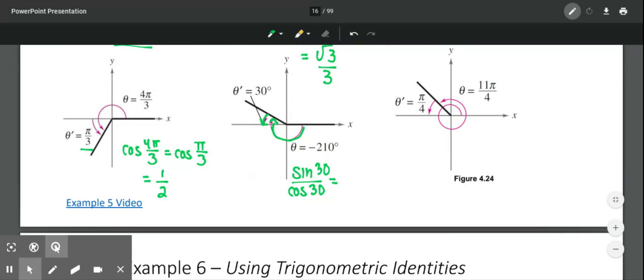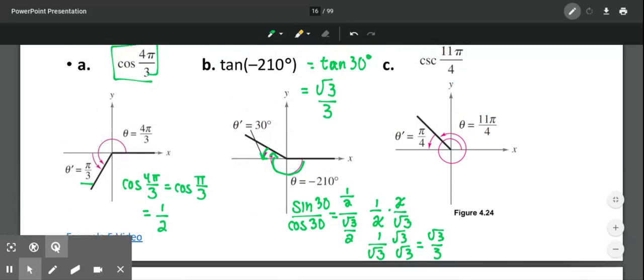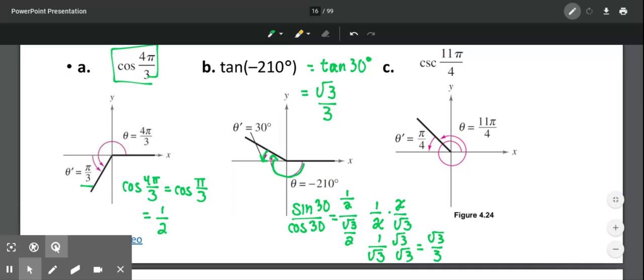So if we're solving this, the sine of 30 degrees is 1/2. The cosine is root 3 over 2. So when you do 1/2 divided by root 3 over 2, your 2's would cancel, and you get 1 over root 3, which when you rationalize gives you your root 3 over 3. And then the last one, if we need the cosecant of pi over 4, our reference angle is pi over 4.